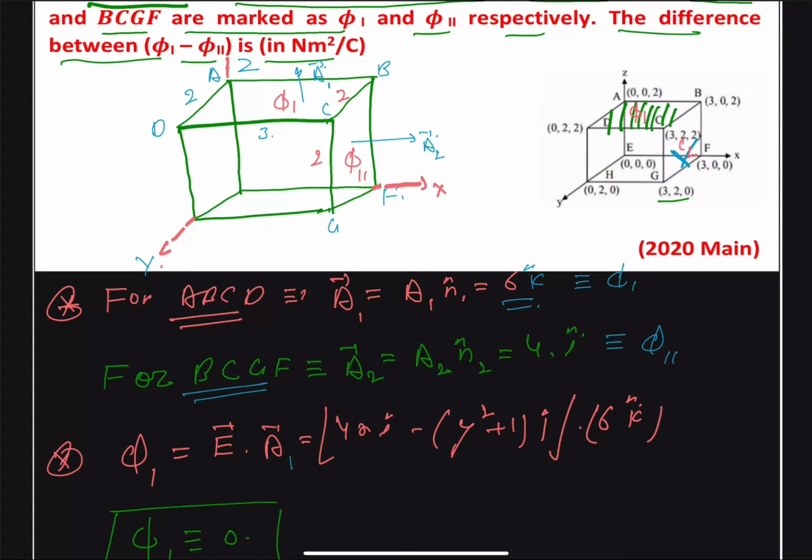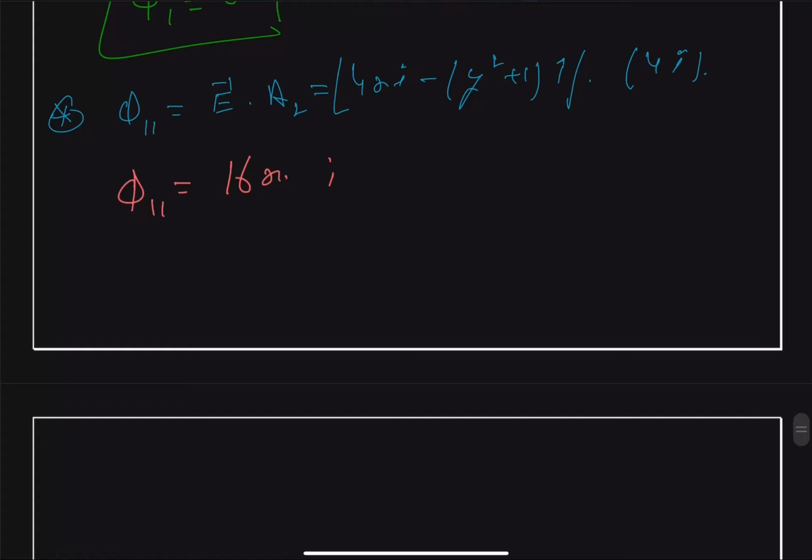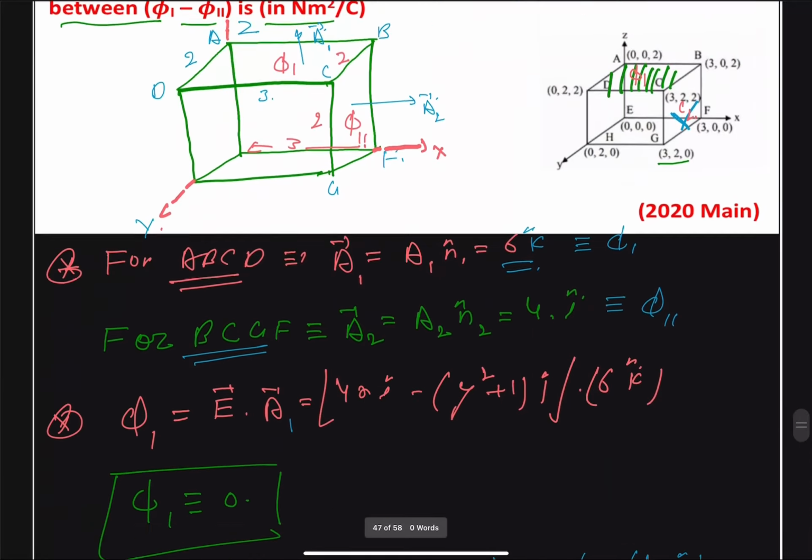So the value of x is 3. At x equal to 3, the flux at the second face is 16 multiplied by 3, which is equal to 48. And we need to find the difference, phi 1 minus phi 2.